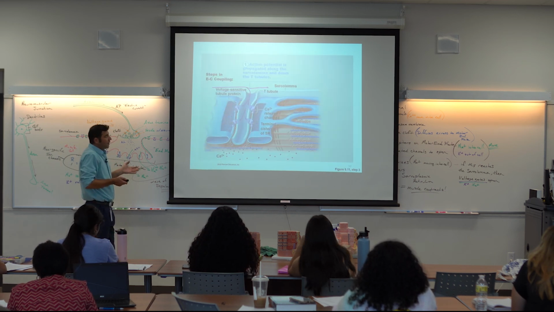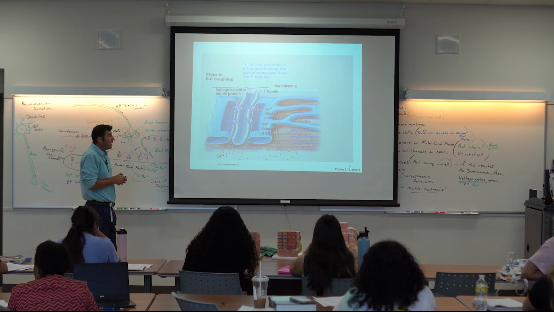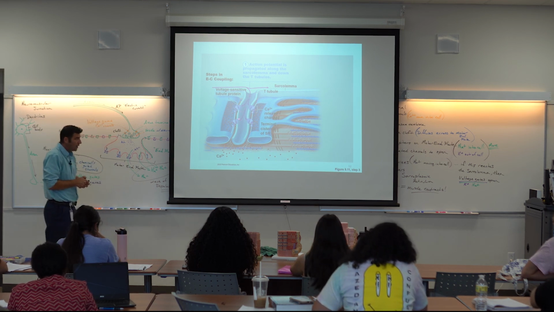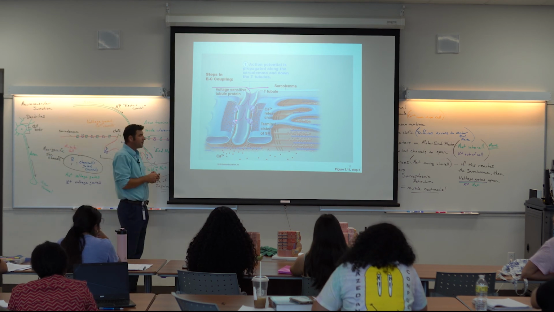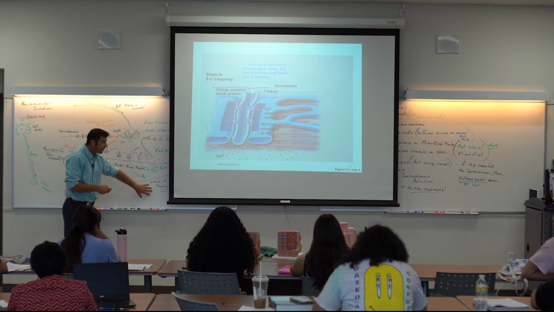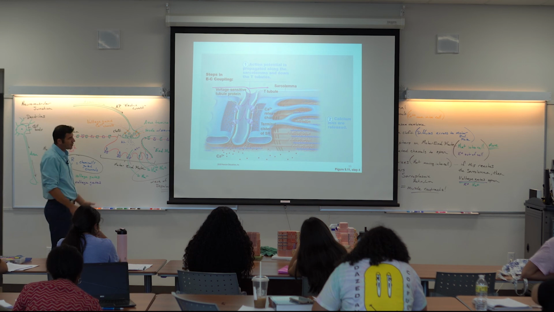But if the signal is sufficient and that voltage-gated channel makes it all the way down into the T-tubule, here we can see those voltage-gated channels that really connect the T-tubule to the sarcoplasmic reticulum. And when that voltage-gated channel opens these calcium gates, calcium floods into the sarcoplasm, the fluid of this muscle cell, and leads to the muscle contracting.